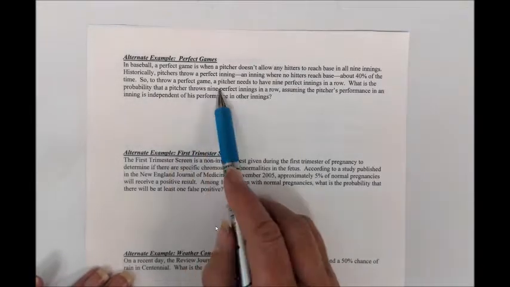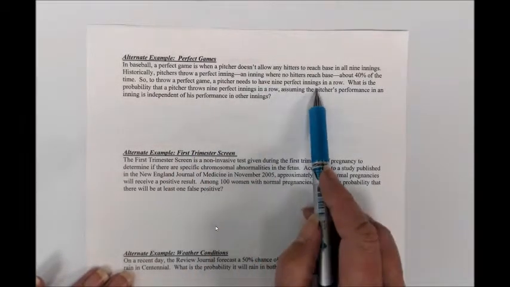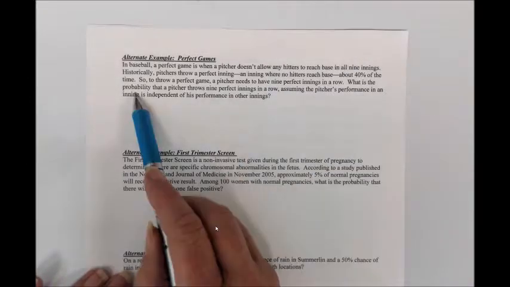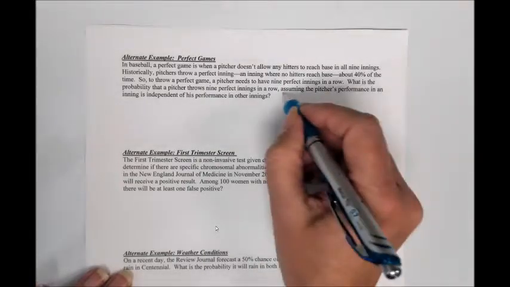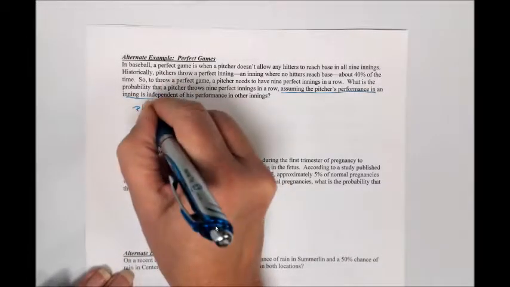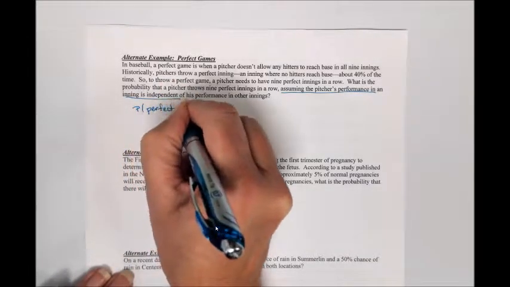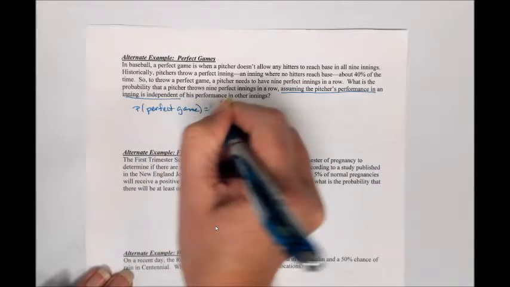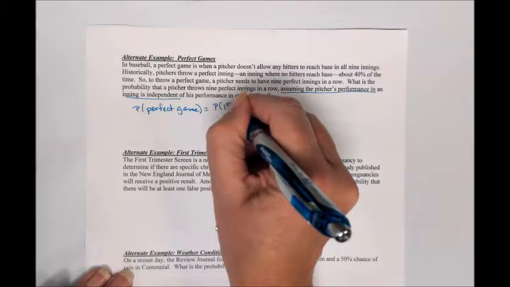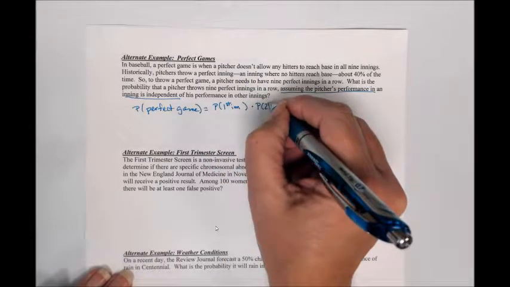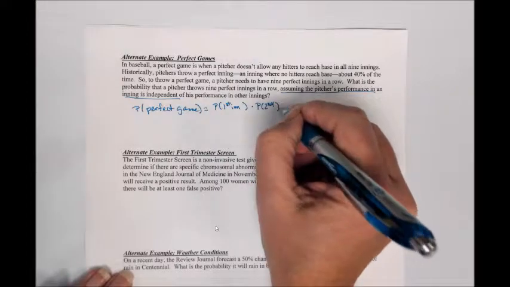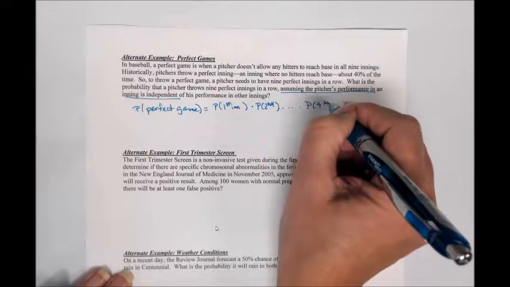So to throw a perfect game, they have to have 9 perfect innings in a row. So what's the probability that a pitcher throws 9 perfect innings in a row? And this is what's important. We're going to assume that they're independent. So the probability of pitching a perfect game is the probability of the first inning perfect times the probability of the second inning perfect times all the way to the 9th inning perfect.